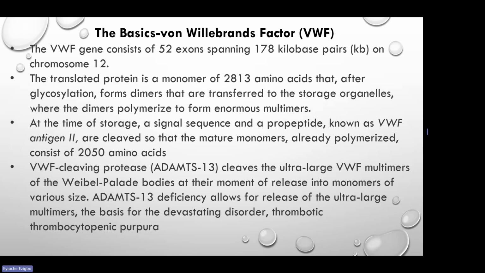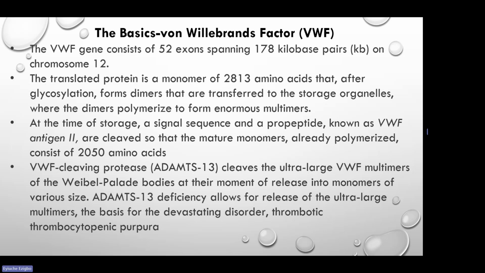After the von Willebrand factor has been stored, in the event of any injury they are released from these storage organs as multimers, and that multimeric nature makes them more adhesive, so they can adhere to large platelet volumes.